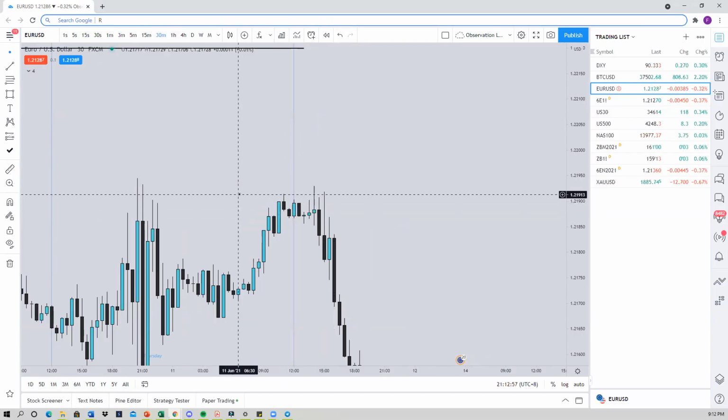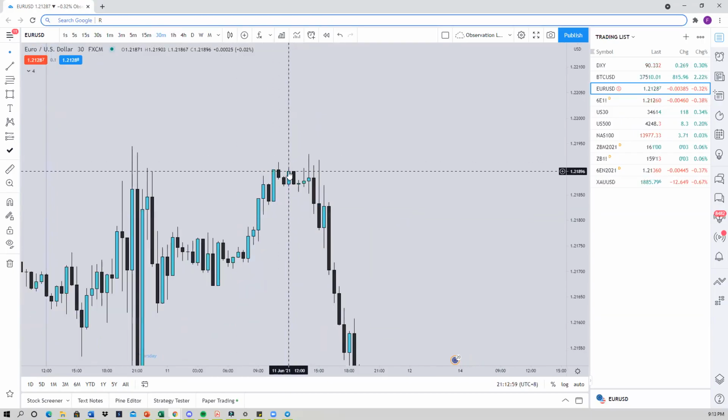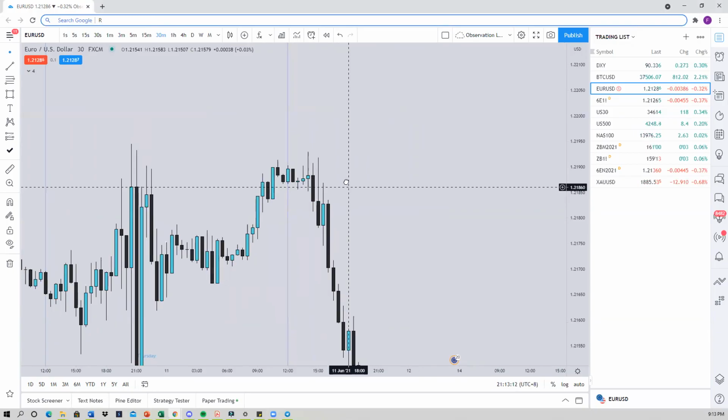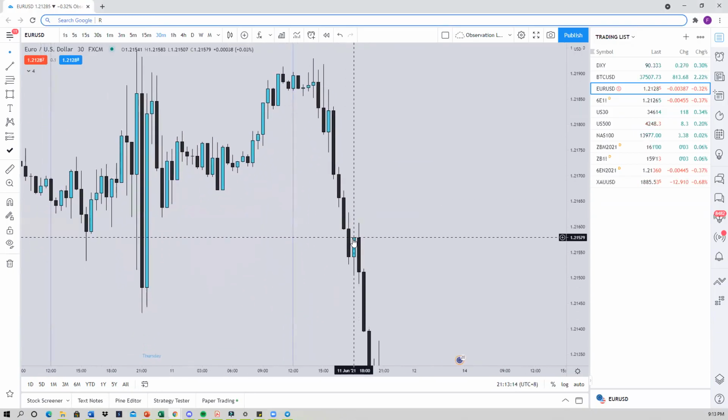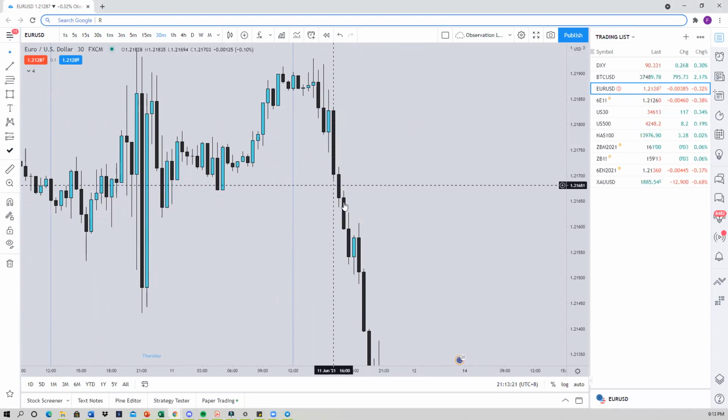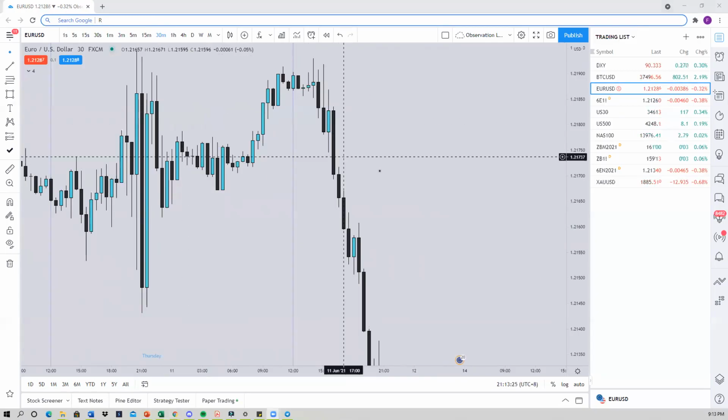Where's the fair value gap at 12 o'clock? Right before 6 o'clock, this is 6 o'clock. This is the fair value gap. Yeah, this is the fair value gap.